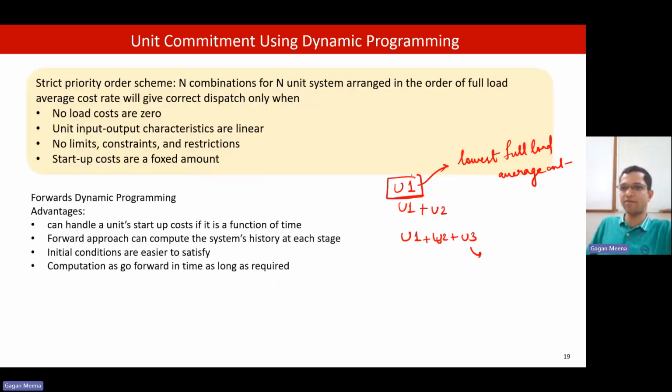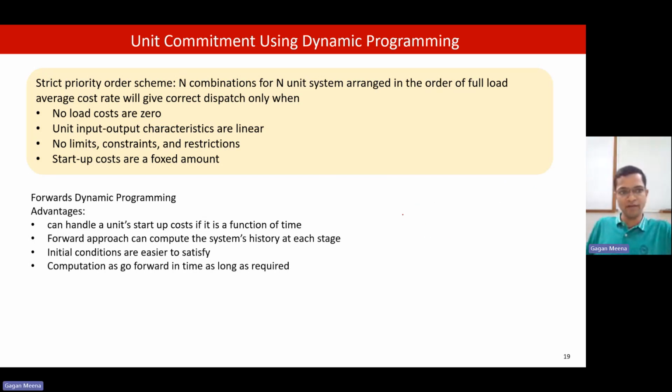First, the cheapest generator will be loaded. Then the next cheapest will come. Then the costliest will come when the demand is very high and cannot be met by the first 2 units.